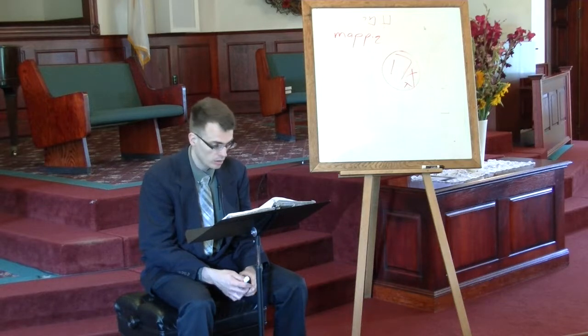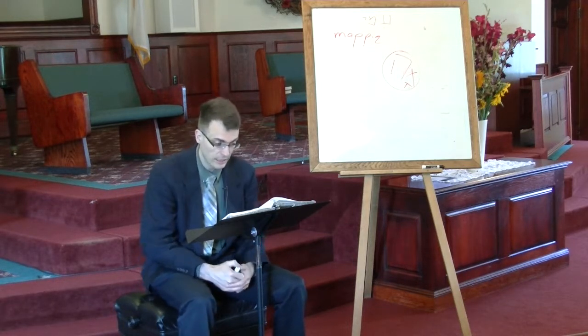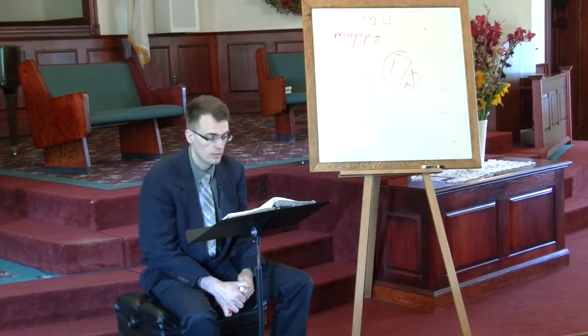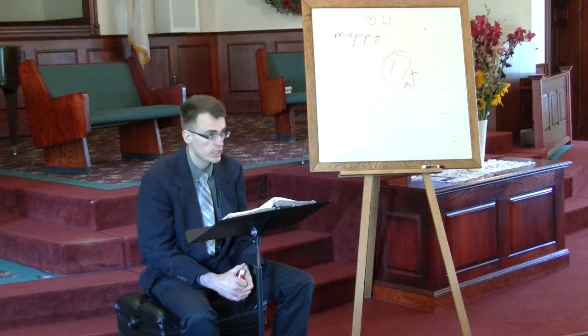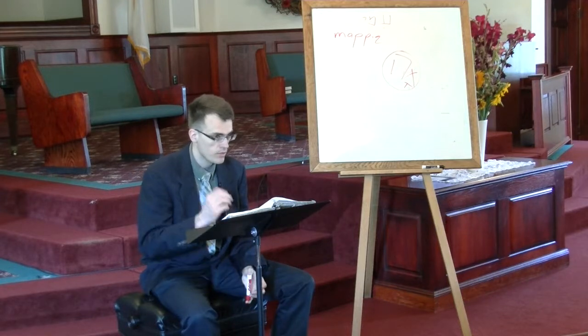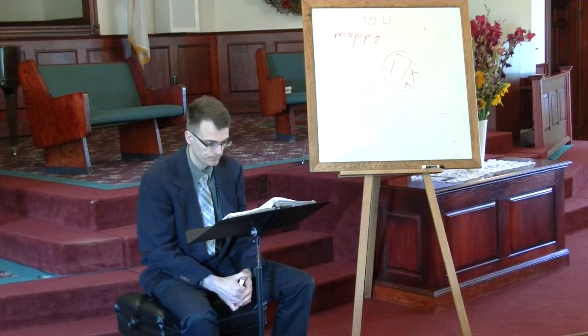There's an article on Nevi'im, or Navi. So you know the second word is articular, so it's the prophets, or the prophet. And since it's the prophets, or the prophet, it makes the whole construct chain definite. So that's why it's the word of the prophets, or "the of the" in each case. Does that make sense? Good.